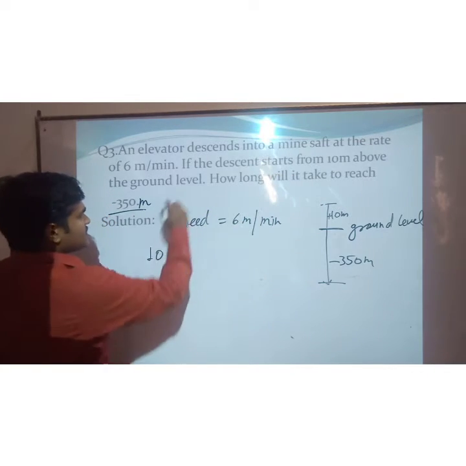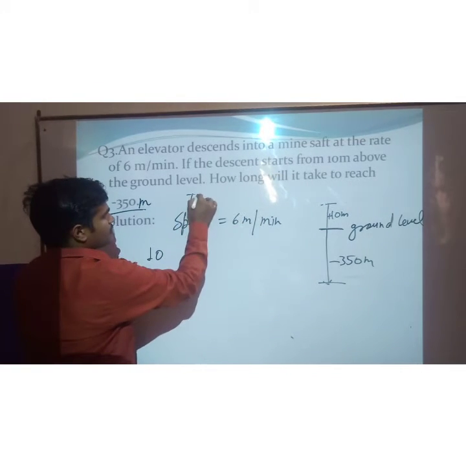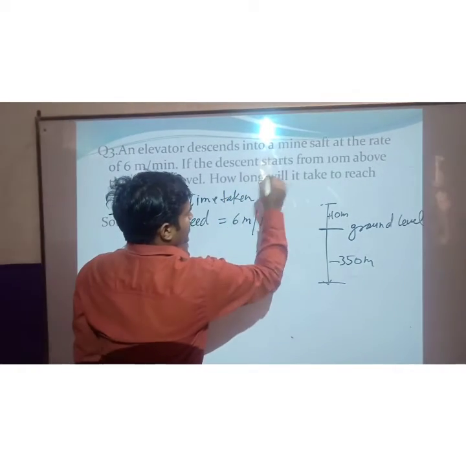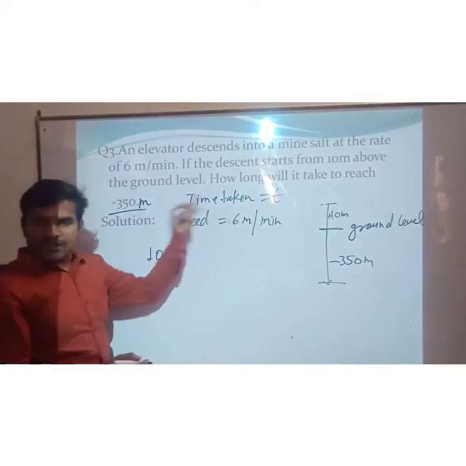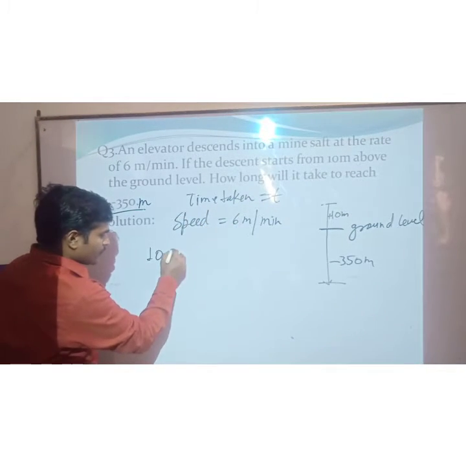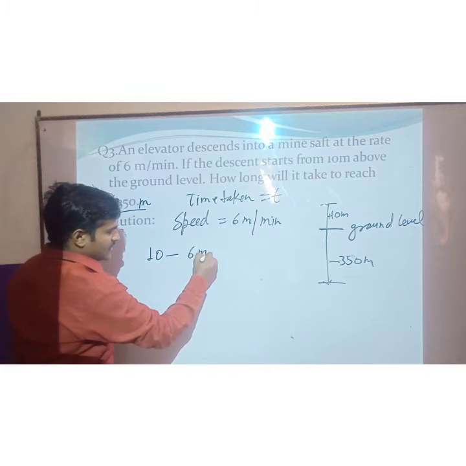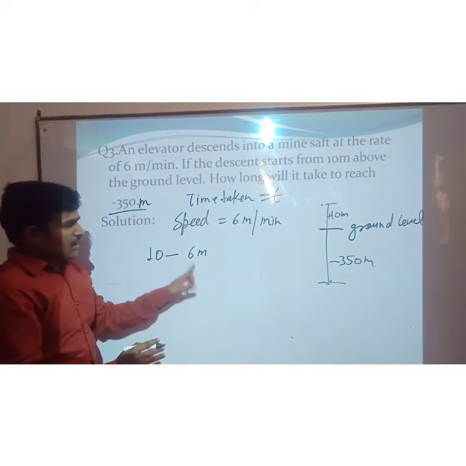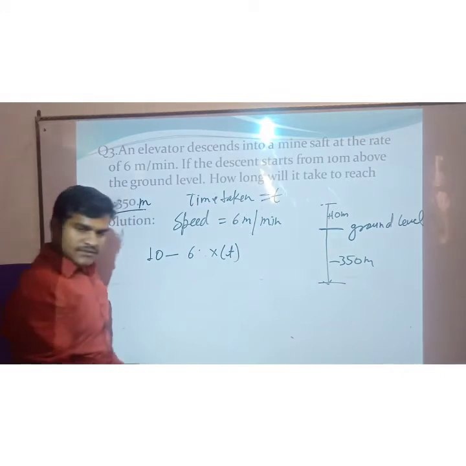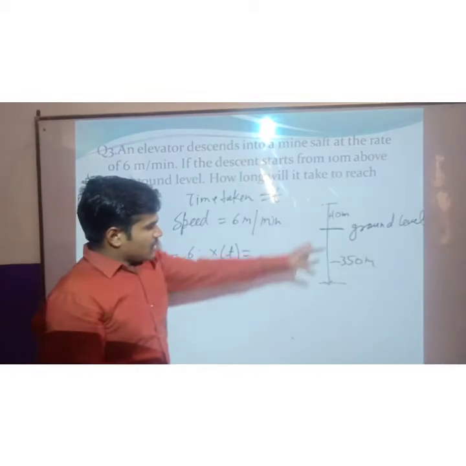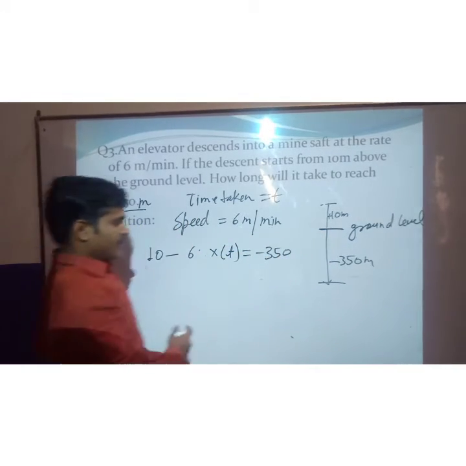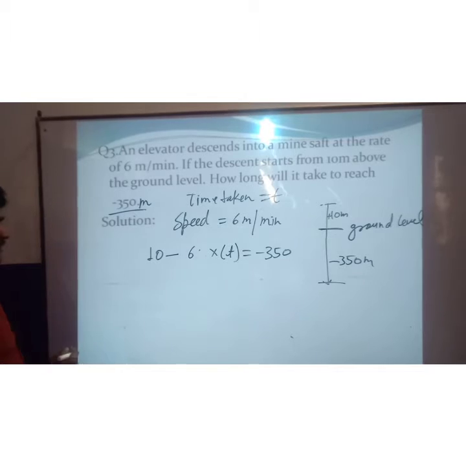Let the time taken be t. So 10 minus 6 meters per minute, that is the speed, into time taken t is equal to minus 350. I hope it is clear.